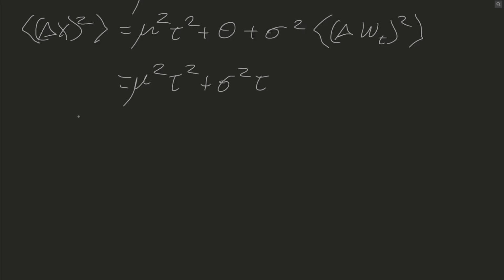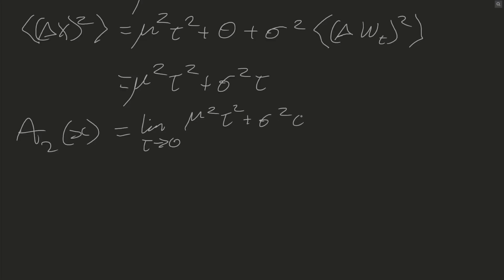Anyway, that's fine. So now we can say that the second coefficient intensity is the limit as tau goes to 0 of mu squared tau squared plus sigma squared tau over tau, which is the limit as tau approaches 0 of mu squared tau plus sigma squared.